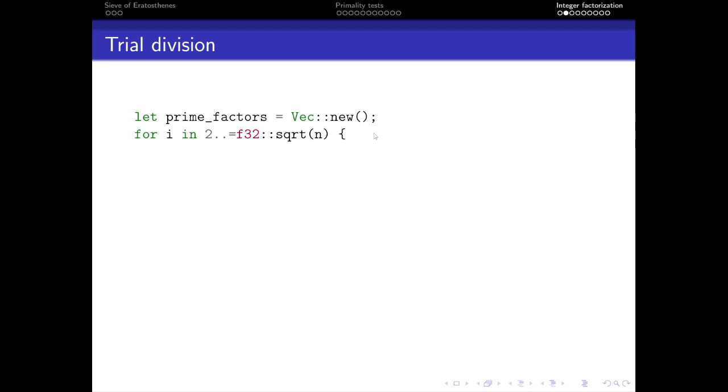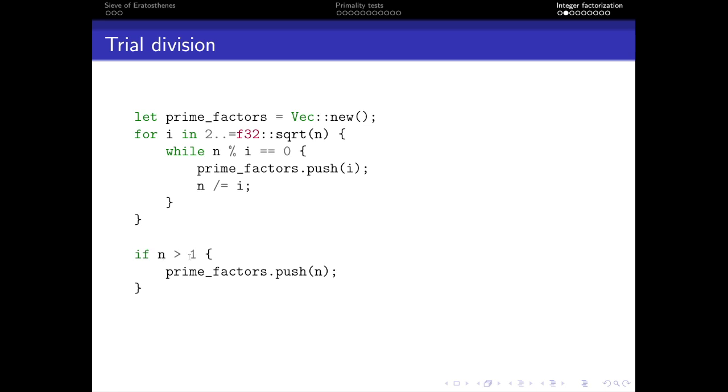You cycle through every possible factor and check if it divides the number that we're trying to factorize. At the end, if there's a prime remaining, so if n is greater than 1, then we know that that's a prime factor itself, and we can simply push it to the array.